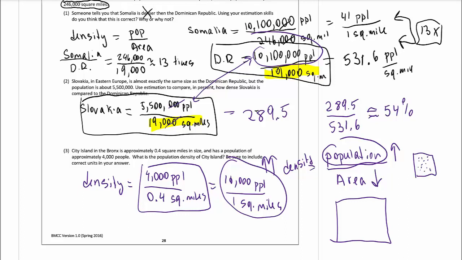So it does make sense, and you should be comfortable whether you're dividing by a decimal or whatever the number is. Go with the definition, number of people divided by the area. That's the concept in this lesson. Density is people divided by the area, and include units, and we get how many people there are in 1 square mile of space.